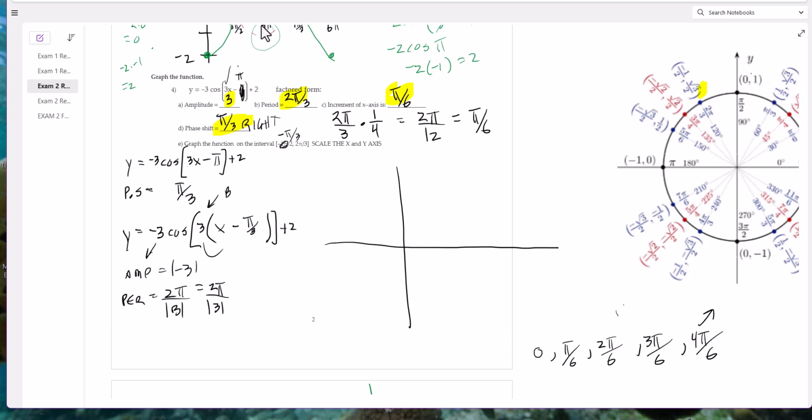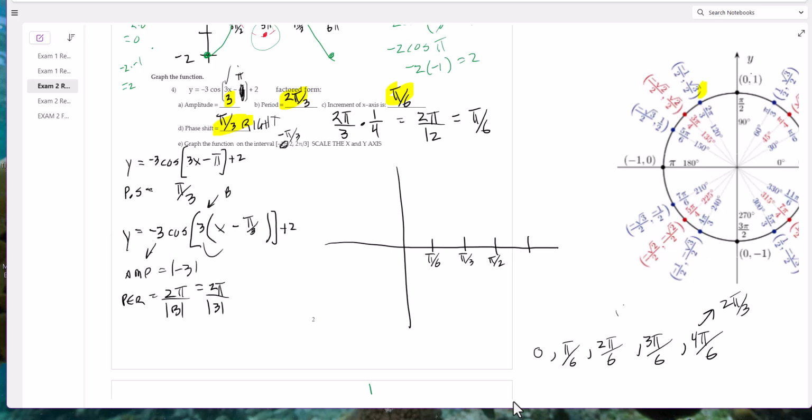And you'll know that increment's right if you count to 5, the fifth one should be what the period is. So I'm going to put pi over 6 here, then pi over 3, because I'm reducing a fraction. 3 pi over 6 is really pi over 2, and then we get 2 pi over 3 like this.